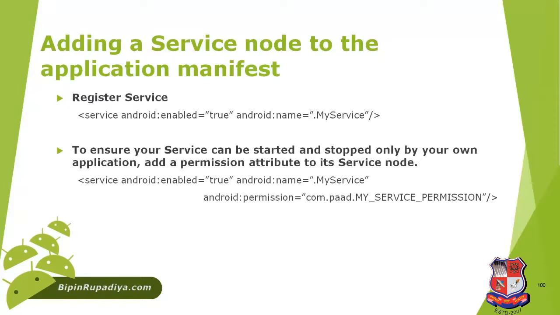To specify the unique string, we always pass our package name. So just see that com.professional Android application development dot my service permission is what we have specified. My service permission is a unique string that we have added with our package. So that is fine, right? That is how you can register your service component in Android.